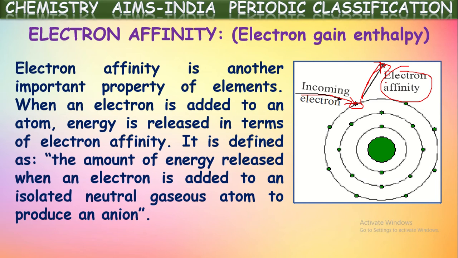It is defined as the amount of energy released when an electron is added to an isolated neutral gaseous atom to form an anion. So the amount of energy released when an electron is added to an isolated neutral gaseous atom to form an anion is called electron affinity.